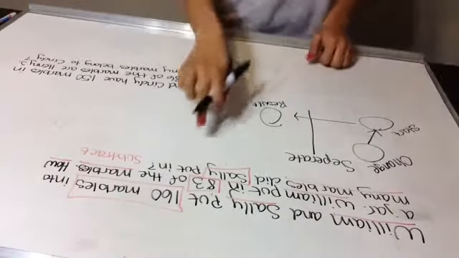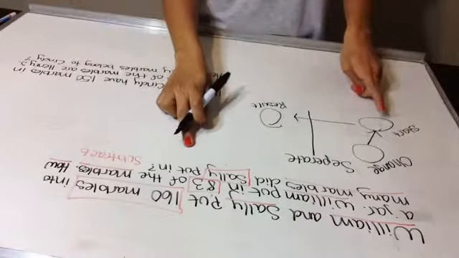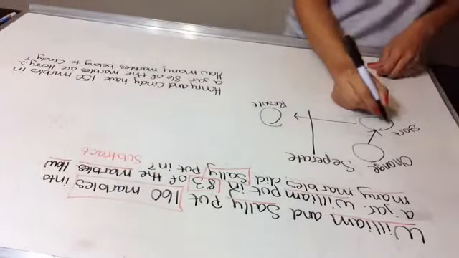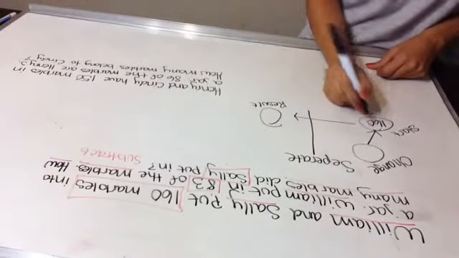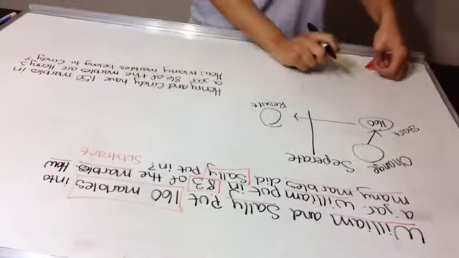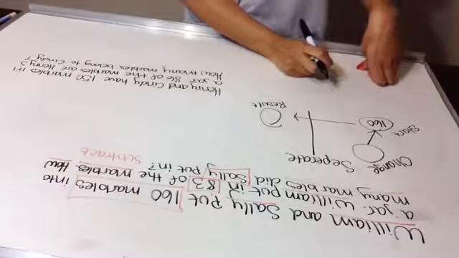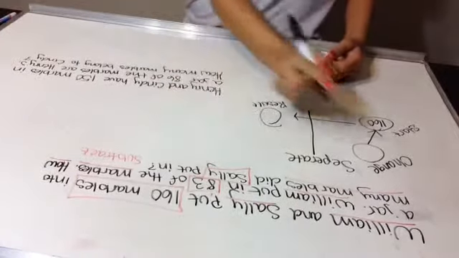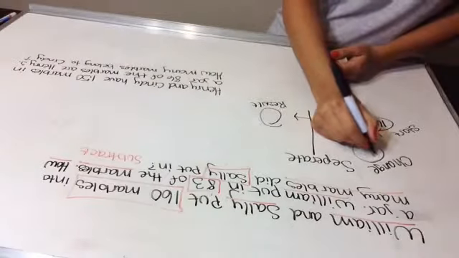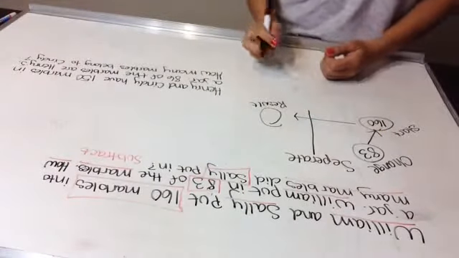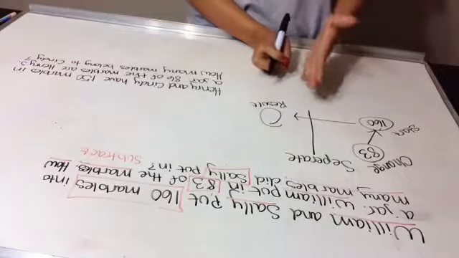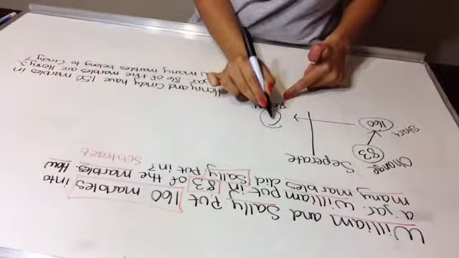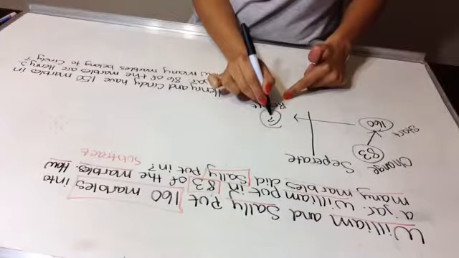Now looking at our problem, we know that we started off with 160 marbles. So we want to write 160 into our start circle. Then we know that the change is that 83 of them belong to William. So we're going to put our 83 right here. But what we don't know is the result. So we want to put a question mark into this circle.